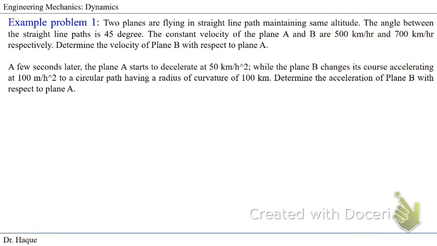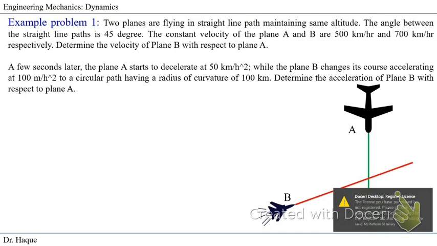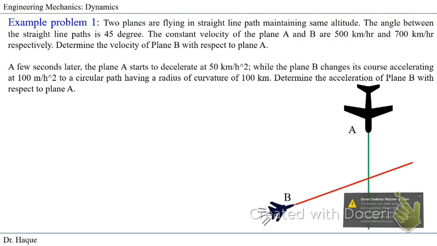So the problem has two parts. The first part says two planes are flying in a straight line path, maintaining the same altitude. The angle between the straight line paths is 45 degrees.